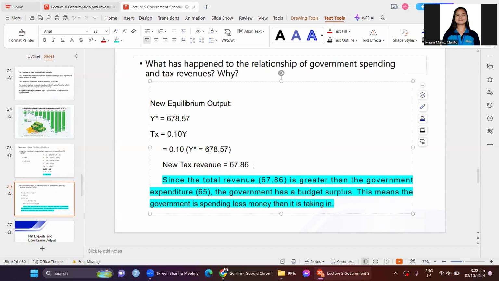Since the total revenue is now 67.86 with the change in investment from 70 to 90, obviously it's now greater than the government expenditure of 65. And now the government has a budget surplus. This means that the government is spending less money than it is taking in. So mas malaki na yung tax revenue, yung income, if investment increases from 70 to 90.